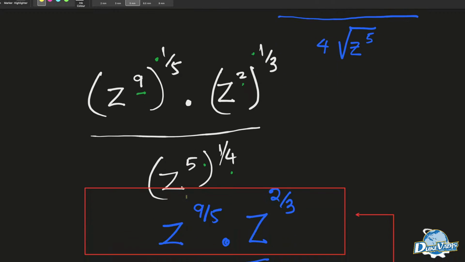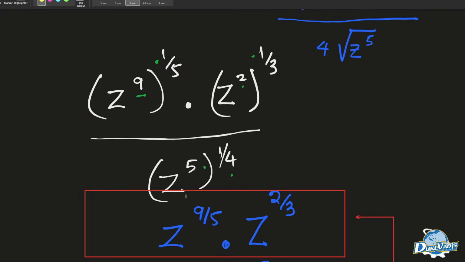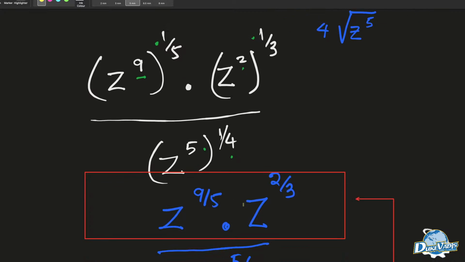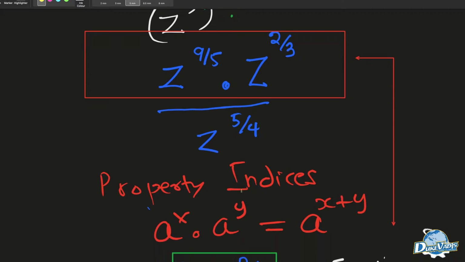After expansion, this is what we achieved. Now we have to compute it. Our computation, we realize that this and that is the order of the day.